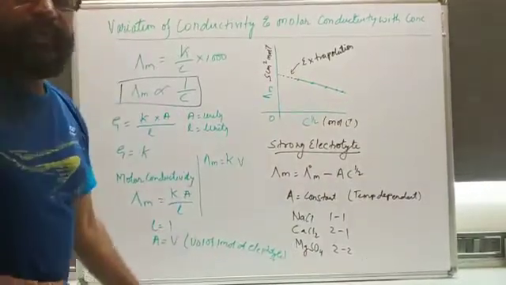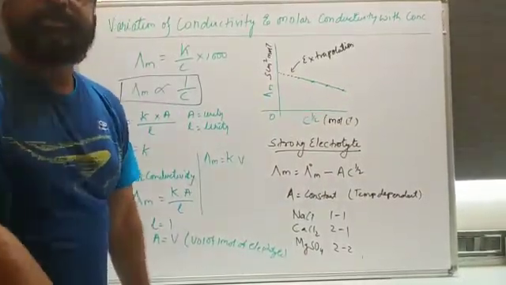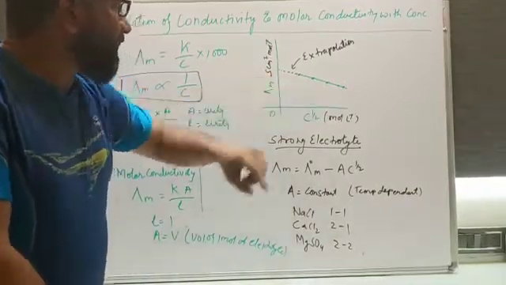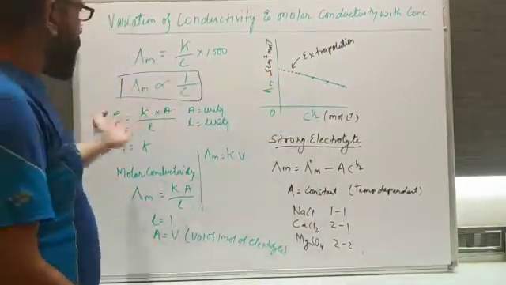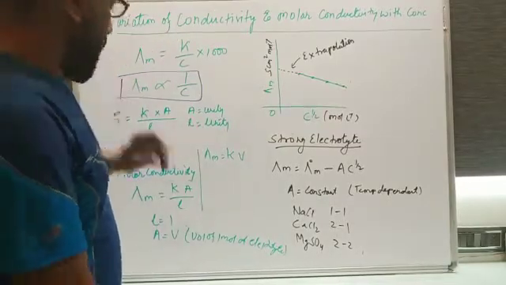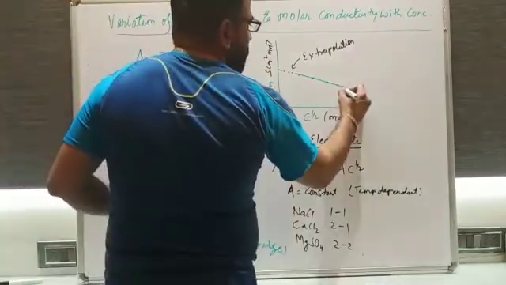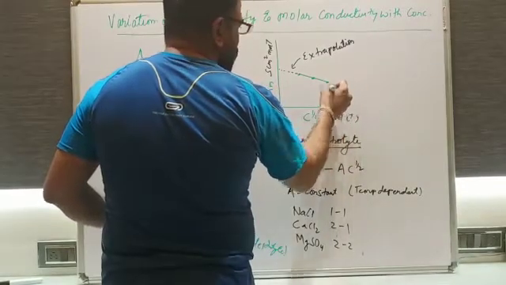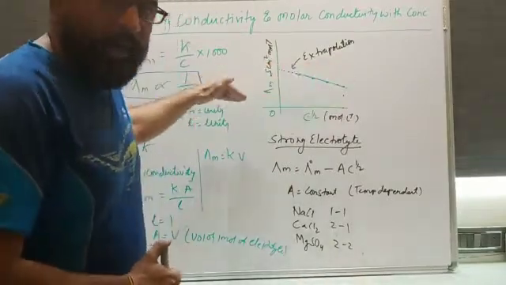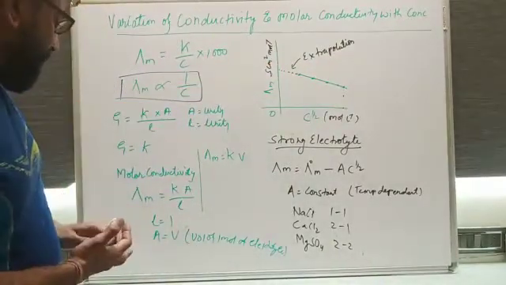Here you will see that as the concentration is increasing, molar conductivity will be decreasing. The concentration here is the lesser one, so molar conductivity is higher from this graph.